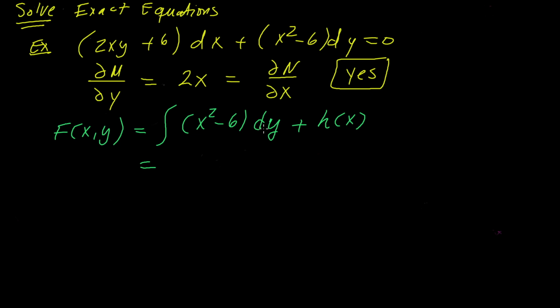Okay, so since we have x squared minus 6 times dy, we integrate with respect to y, which means this x squared minus 6 is actually a constant. And now I need to differentiate with respect to x.